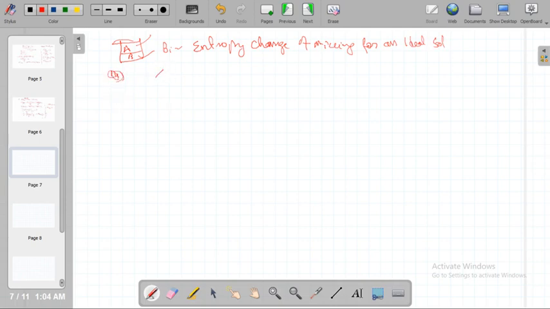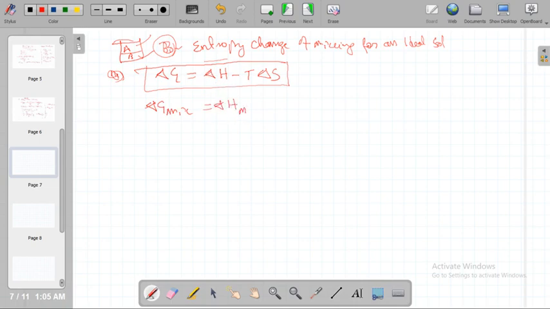Since you know that the Gibbs free energy delta G is equal to change in enthalpy minus temperature times change in entropy. This is the Gibbs-Helmholtz equation. From this equation you get that the change in Gibbs free energy of mixing equals the change in enthalpy of mixing minus T delta entropy of mixing.